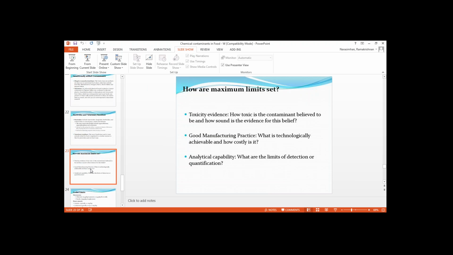The main route is good manufacturing practice, monitoring of environmental conditions, and the quality of incoming materials, such as your raw materials and ingredients. This will play an important role in reducing the level of these contaminants in your materials and also in your products.